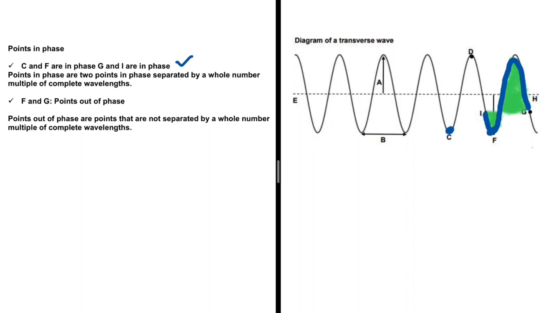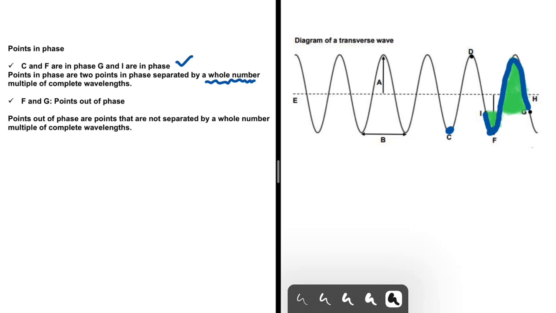But what does the definition say? The definition says that points are in phase if those 2 points are separated by a whole number multiple of complete wavelengths.